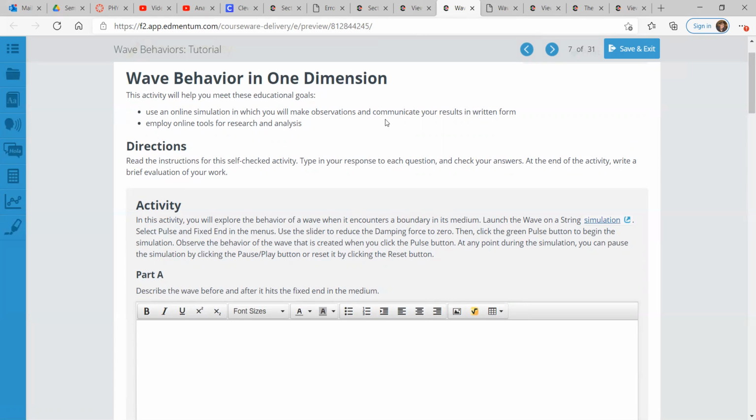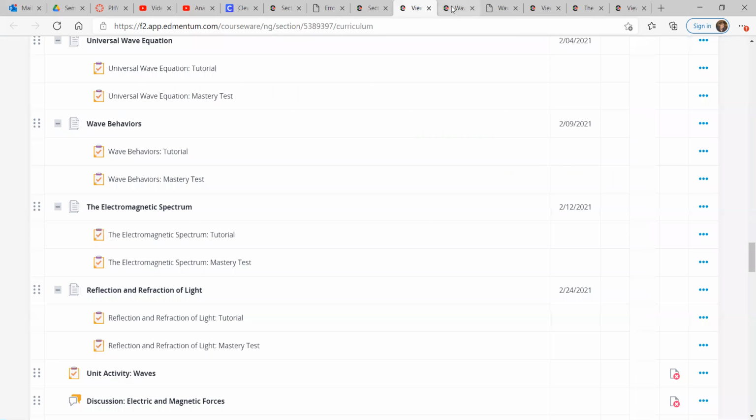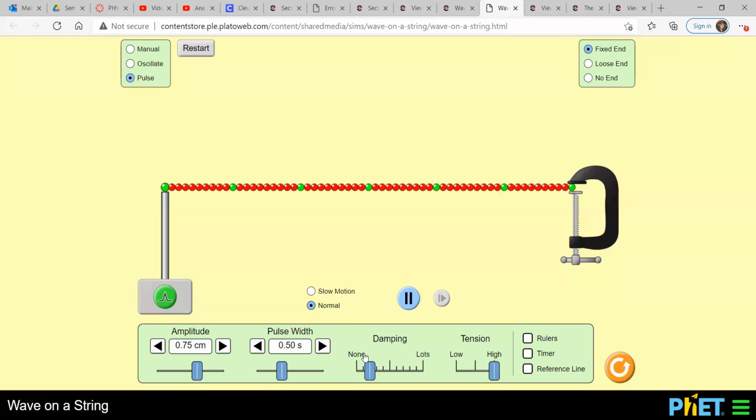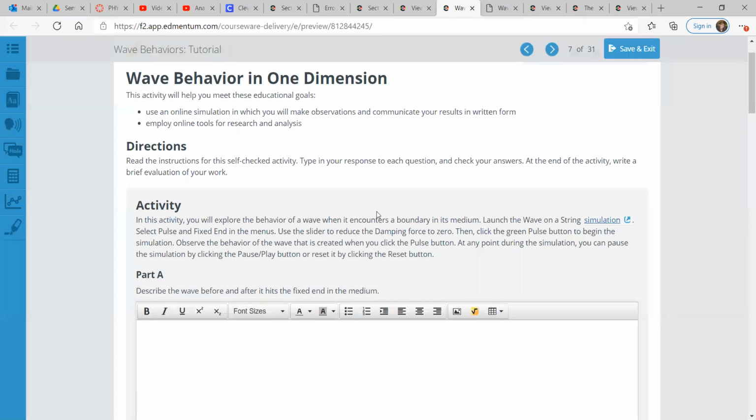Observe the behavior of the wave that is created when you pulse the button. At any point during the simulation, you can pause the simulation by clicking pause and play, and to reset. Okay, so let's see. Well, interesting.